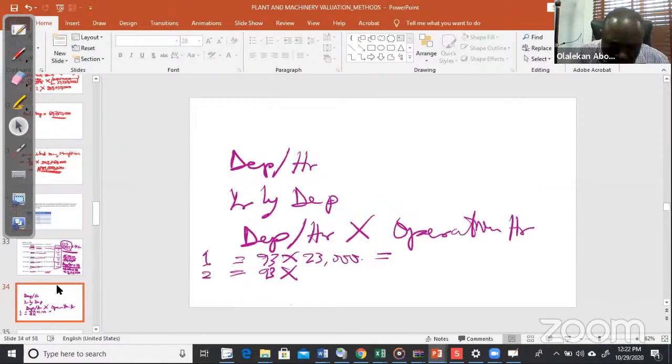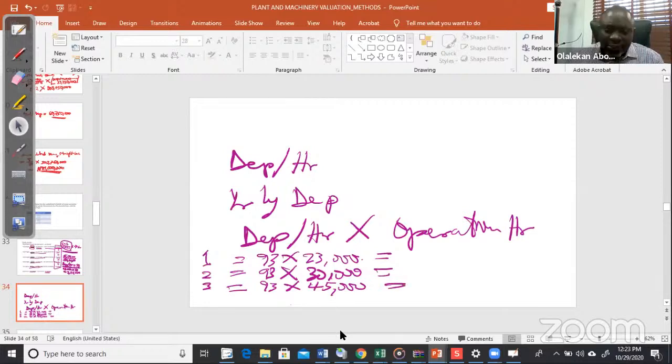I want to show you how fast that can be. You can do simple arithmetic now and get your answer. Then for year 3, 93 multiplied by 45,000, then you will get your answer. Then for year 4, and like that.